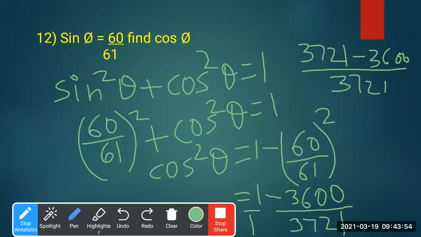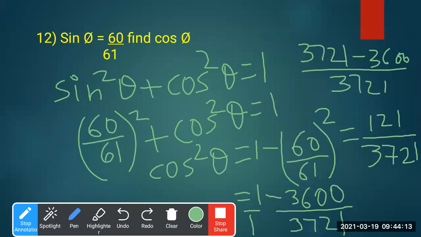So 3721 minus 3600 will give you 121. So 121 upon 3721.